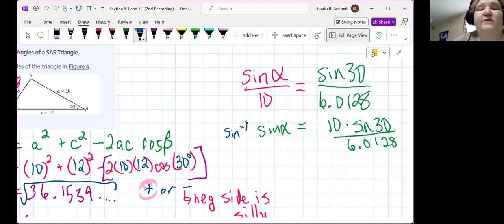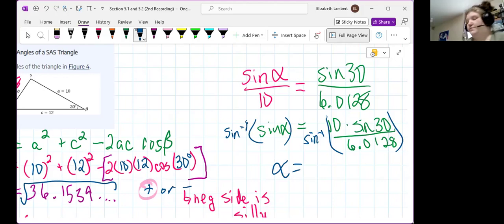And then to get alpha by itself, we have to use our inverse trig function of the whole ugly fraction. Oh, sorry, back up.